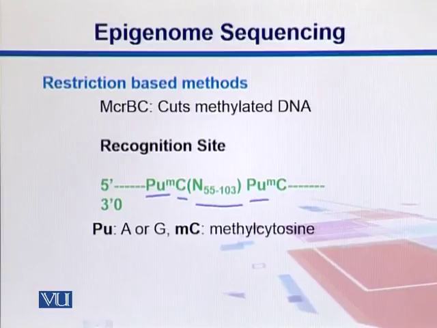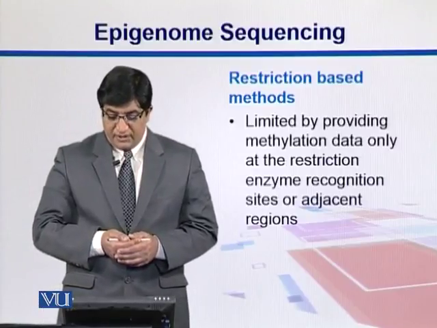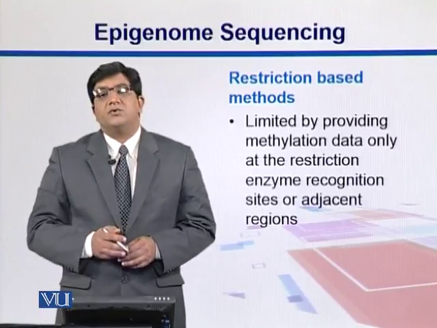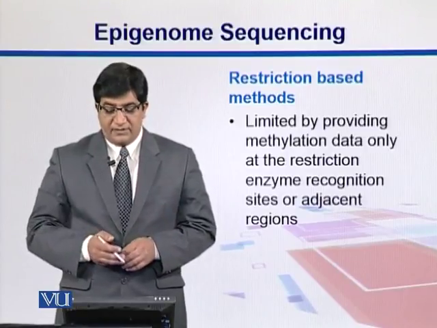We have purines, which may be A's or G's, and then again those methylated cytosines. This enzyme recognizes these sites, and in this way we can identify those cytosines which are followed by purines and separated from one another by this length, and we can suspect that these cytosines are methylated. But this is limited. It provides data only from those cytosines which are present where we have that restriction site.